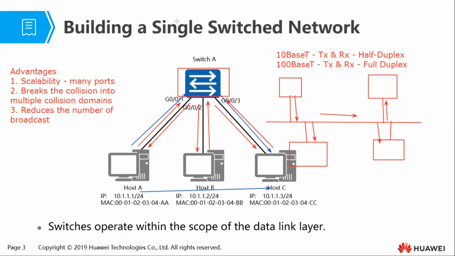So the switch uses what we call the MAC address table to forward data. Now, every host that is interconnected with a switch must have both the IP address, the layer 3 address, and the MAC address.